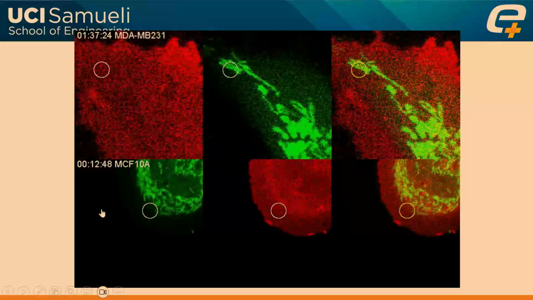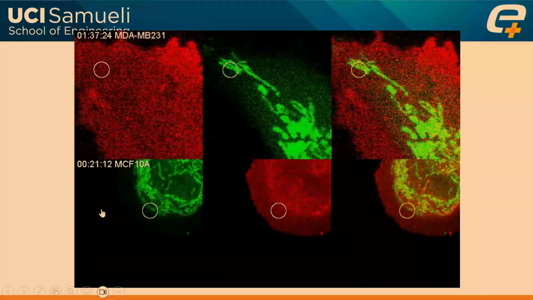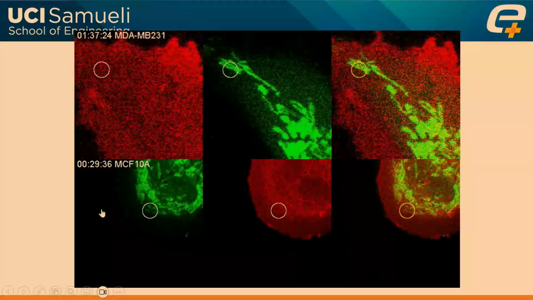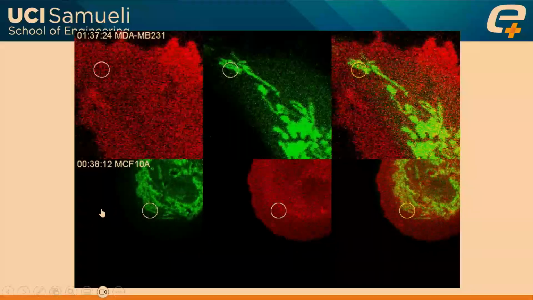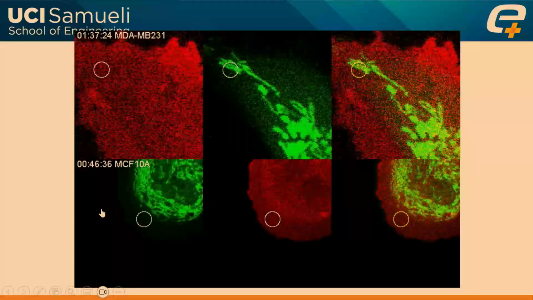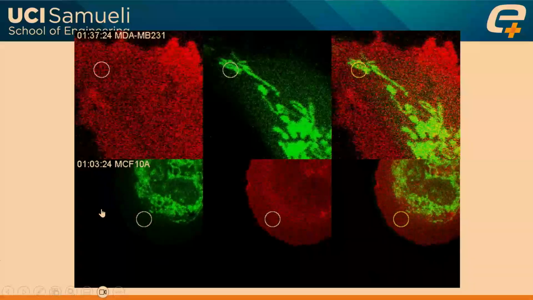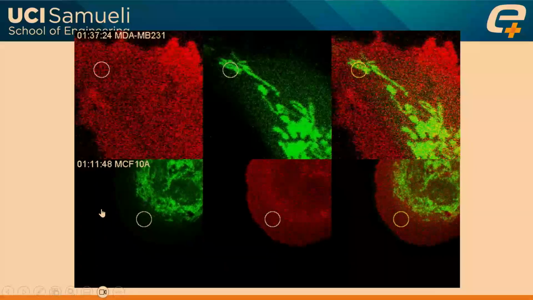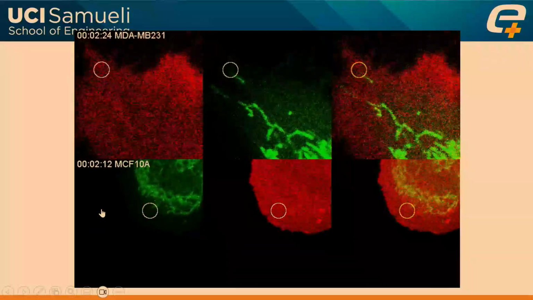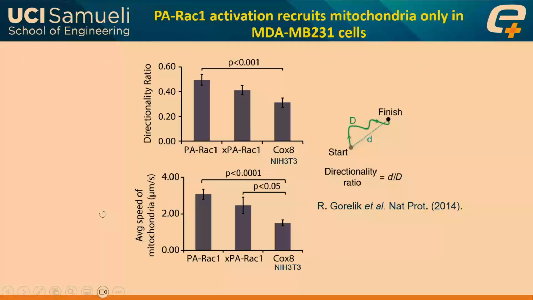In MCF10A cells, we do not see this preferential transport. My student here moved the laser so that you could see that even in this part, there is no preferential region of mitochondria tracking.